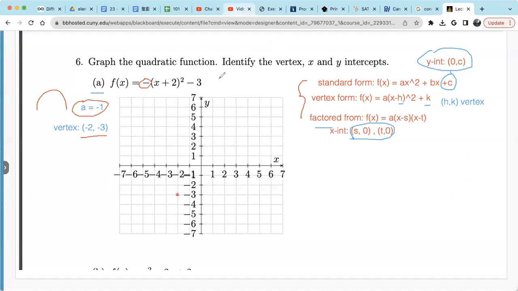If the vertex is here, the line of symmetry goes through this point. This line is x equals -2, and we call it the line of symmetry.